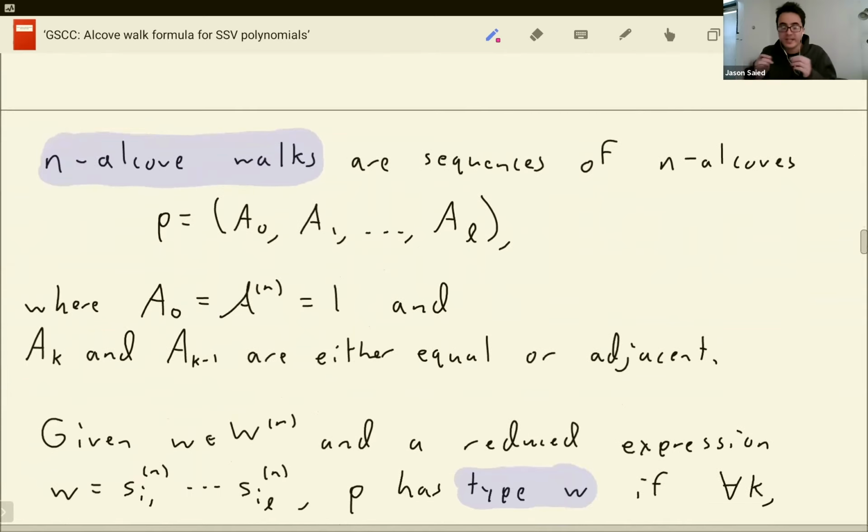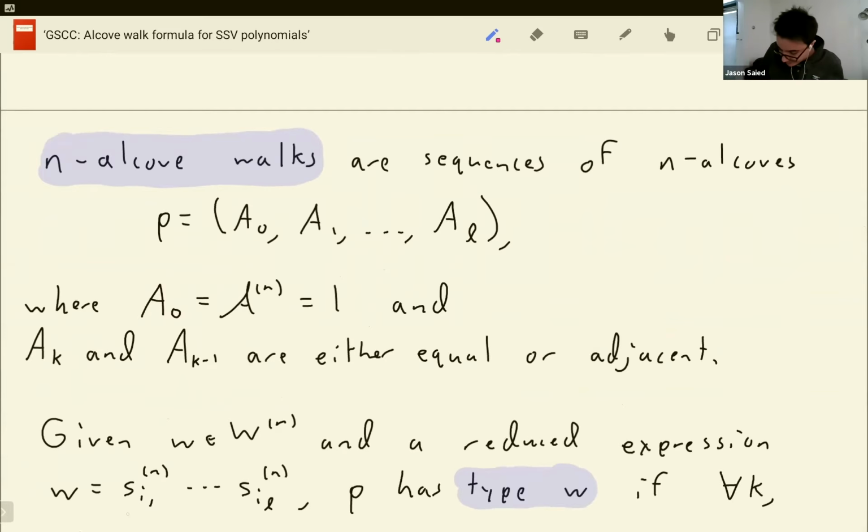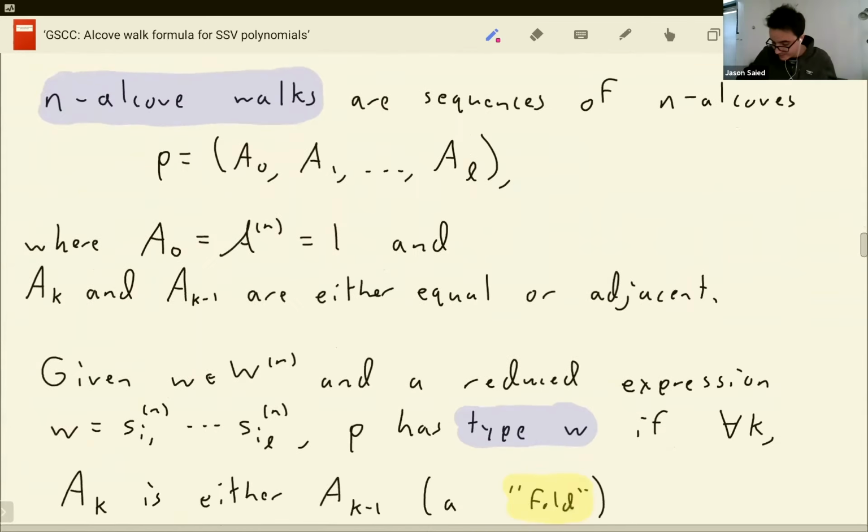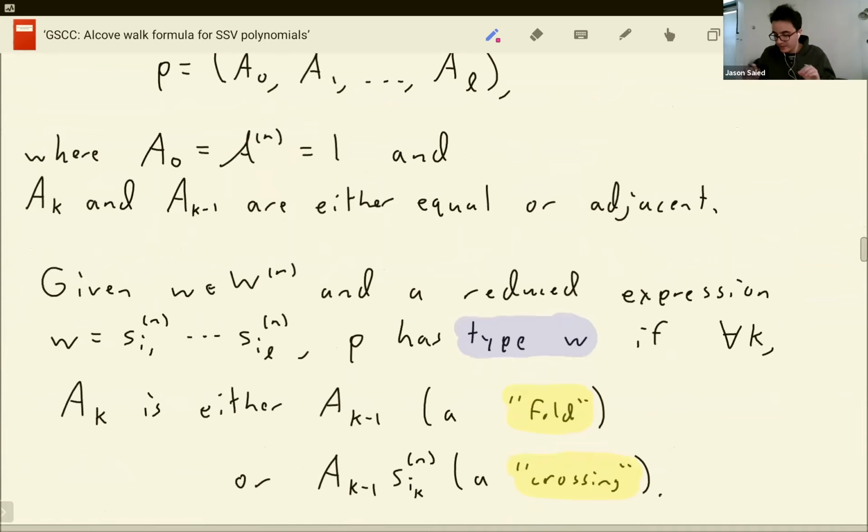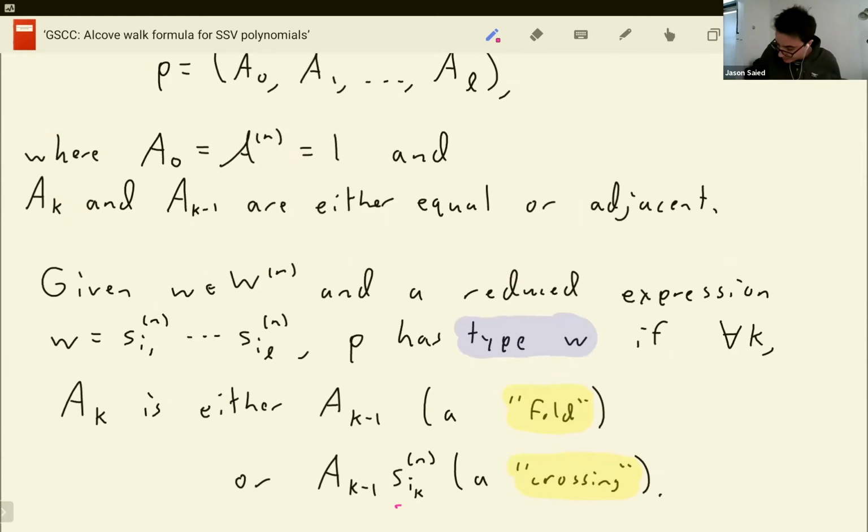And we have a technical condition for an alcove walk called a type. And the type comes from some element in the Weyl group. What you do is you write that element as a reduced expression, so a product of the generators in some shortest possible way. And then the alcove walk has type W if when you do what I call a crossing, when you actually do something non-trivial, the thing that you multiply by comes from the reduced expression for W in a predictable way.